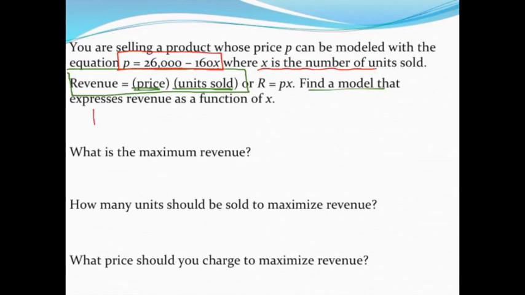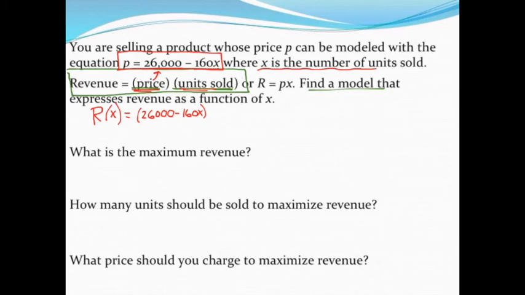So to express the revenue function, I'm going to start with R of x, the revenue as a function of x, and say that's equal to the price. Well, remember, the price is expressed this way. So I'm going to use a price of 26,000 minus 160x, and then I need to multiply that by the number of units sold.